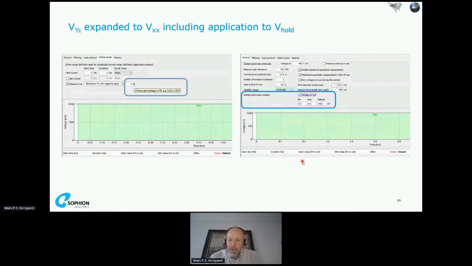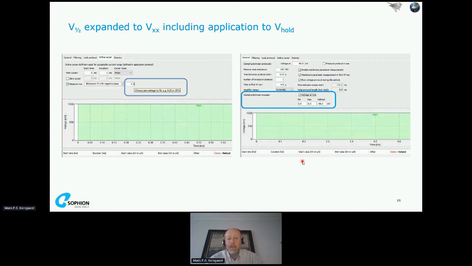Adaptive protocols were first invented on our instruments, and we called them V-half, because that was the first obvious fraction of inactivation or activation to go for. We expanded that in version Falcon on Qube to be without limitations, and now Qube 2 is following up.